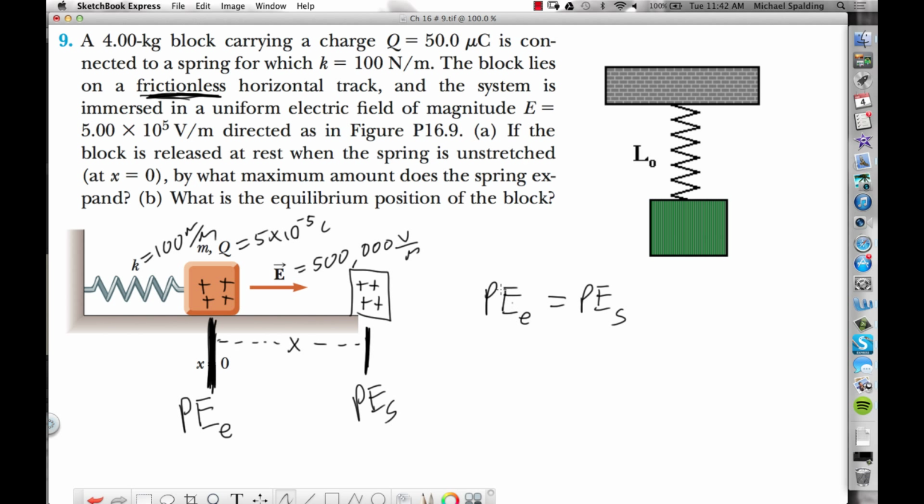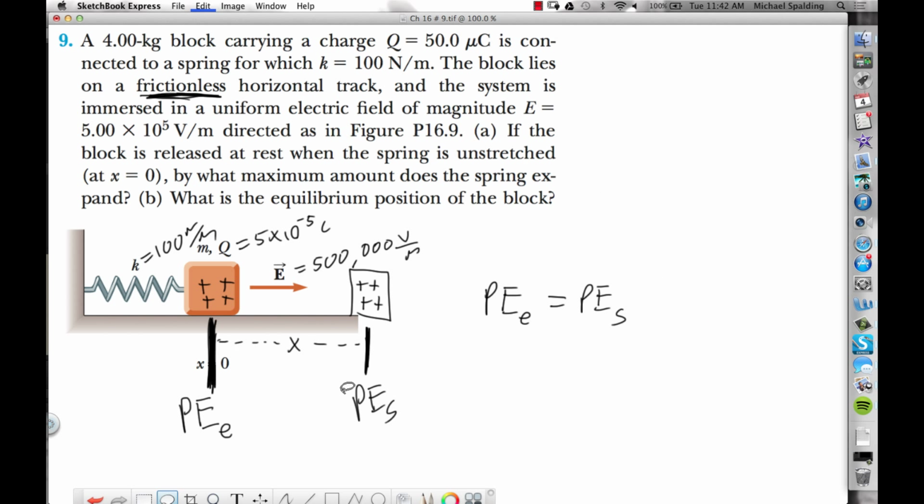Now, how do we get electric potential energy? Let's erase this. Two equations you should be familiar with: potential difference is change of potential energy per charge. And if it's a uniform electric field, which we have, potential difference is also E times x, where x is the distance.